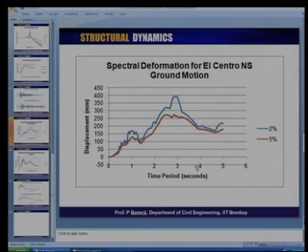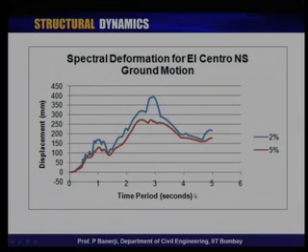If you take another mode, let's say the first mode frequency is low, so the time period is longer. Let's say the first mode is 3 seconds. You go up here, and let's say you have 5% damping.